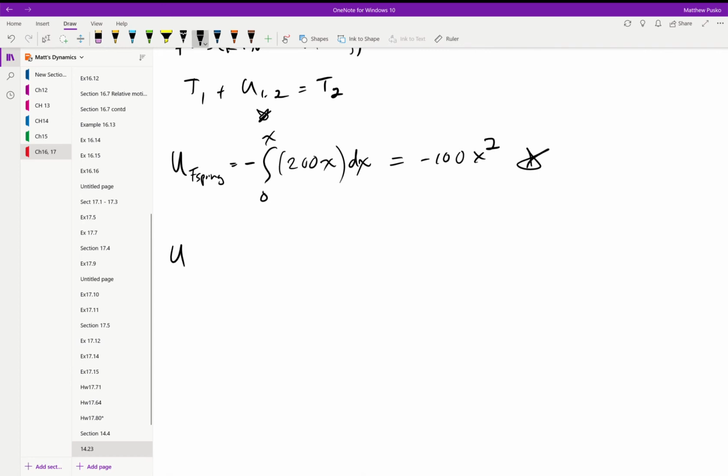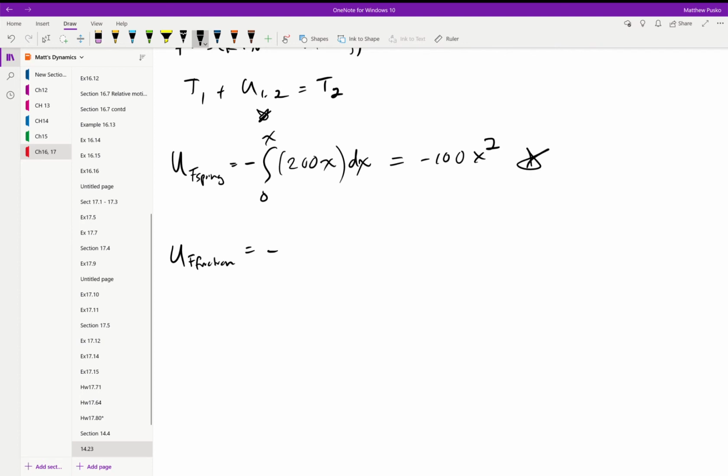What about the work done by the force of friction? It's also in the opposite direction of our displacement the whole time until it comes to a stop, going to the left.